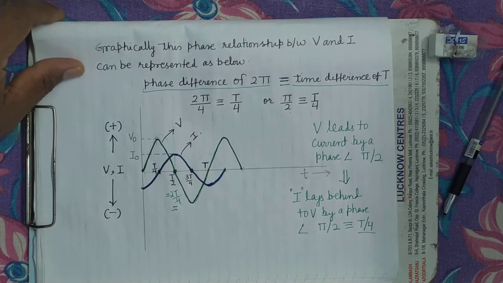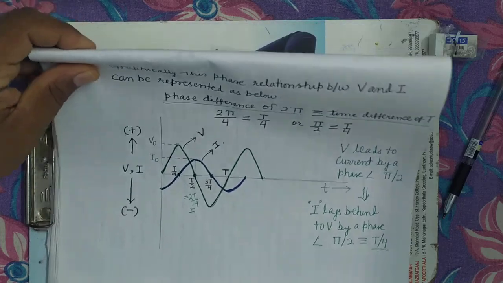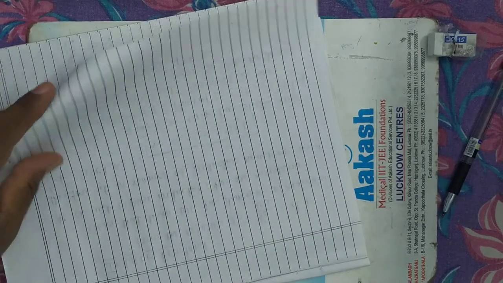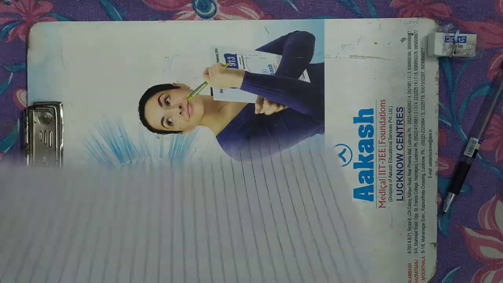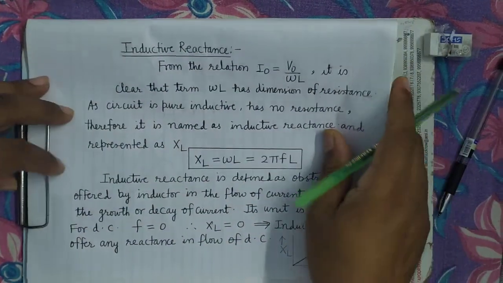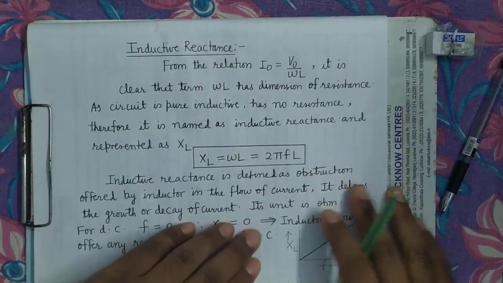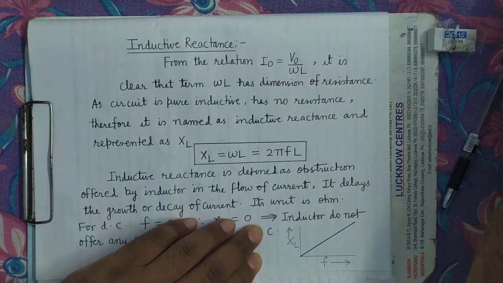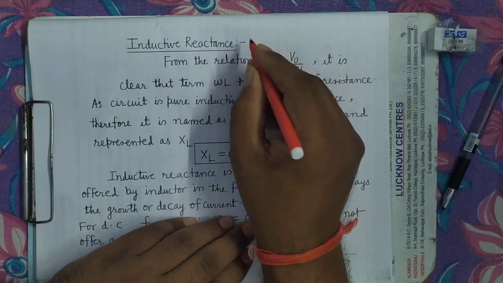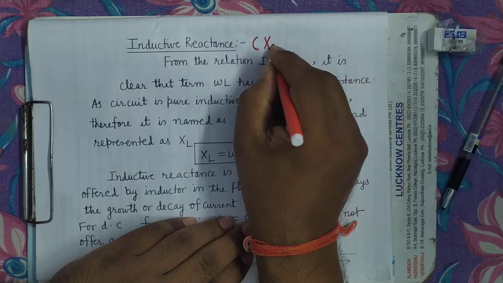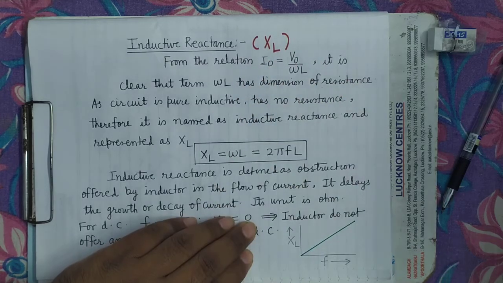Now after this, there is one more thing. What is inductive reactance? What is the meaning of inductive reactance? Inductive reactance is represented by the symbol XL. What is its meaning?